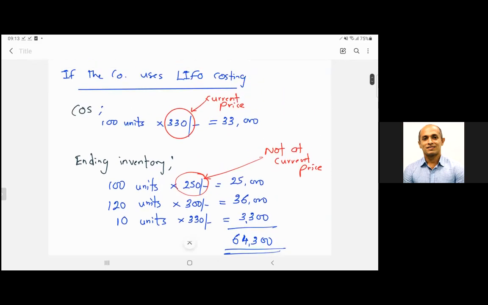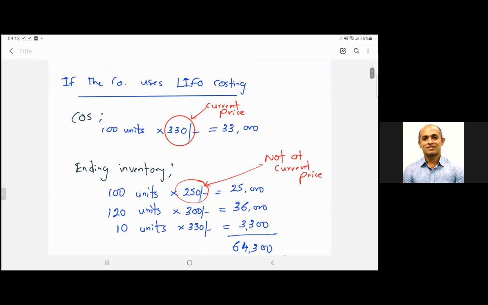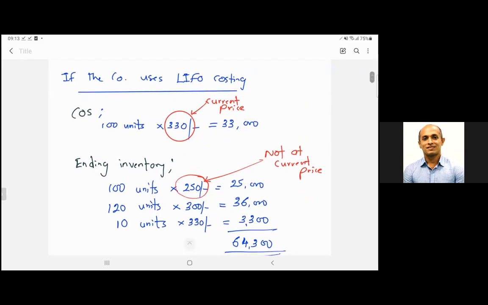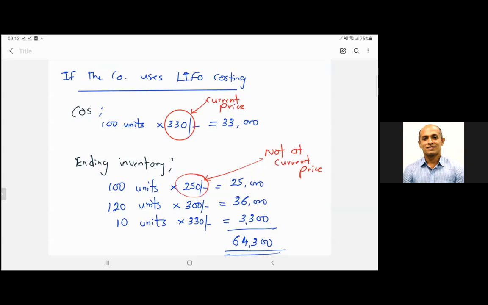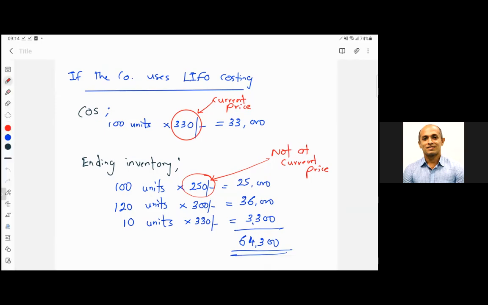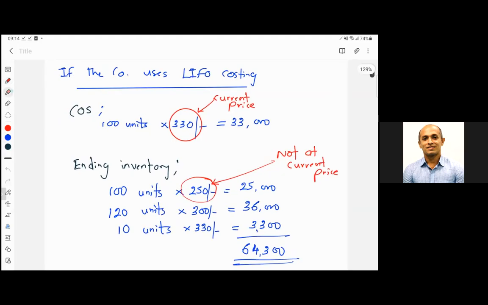If you are an internal analyst, you have this piece of information: inventory is not at current price because it includes 100 units valued at last year's price.